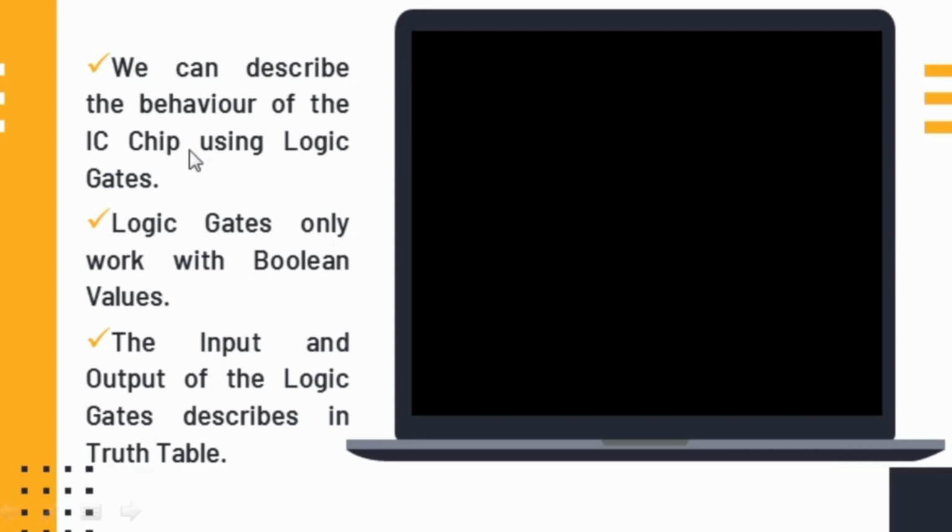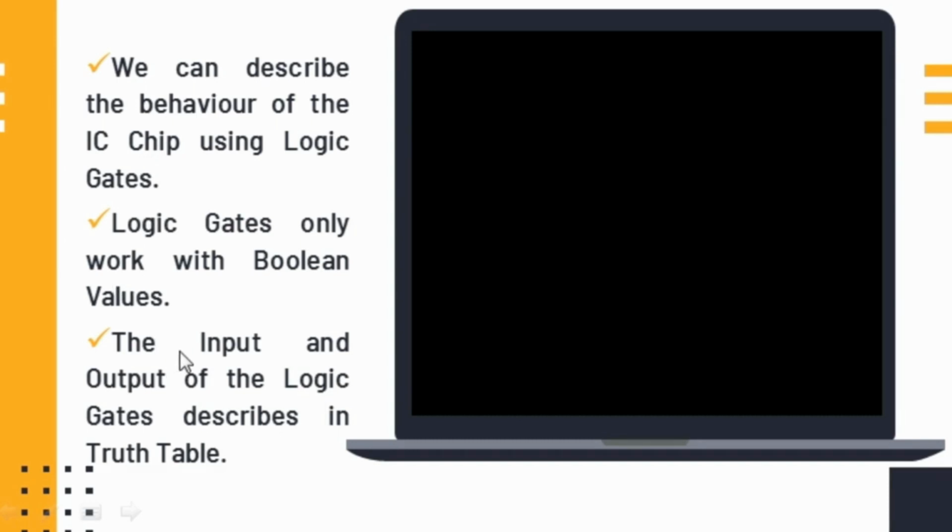Logic gates only work with Boolean values, meaning either 0 or 1, or true or false. The input and output of the logic gates are described in the truth table. We'll discuss this. Everything is based on the input-output process.